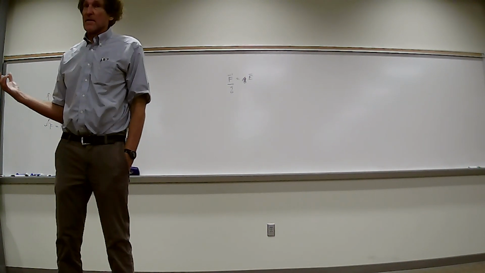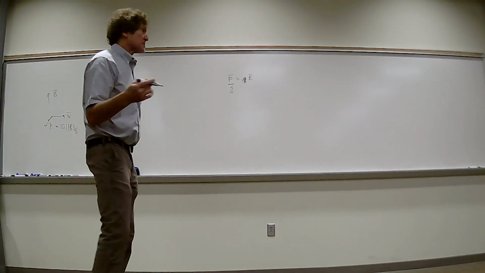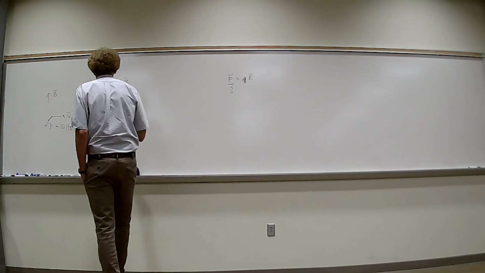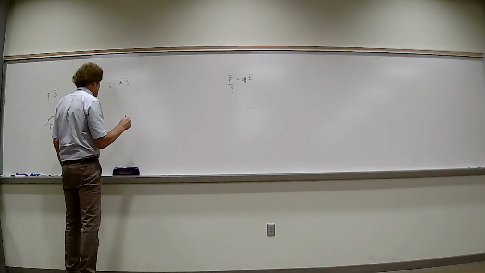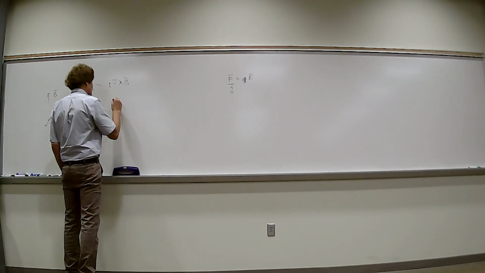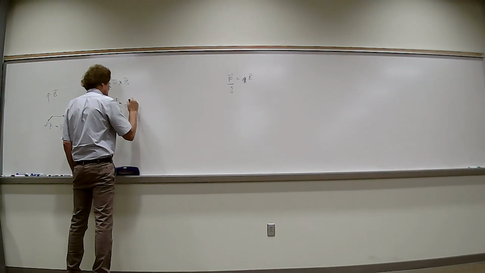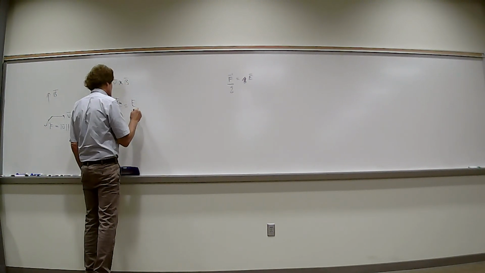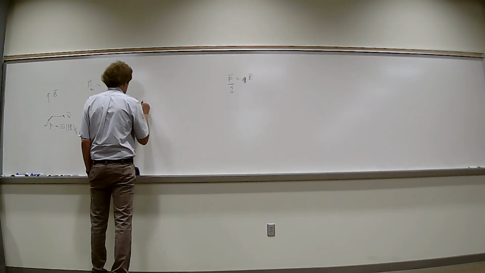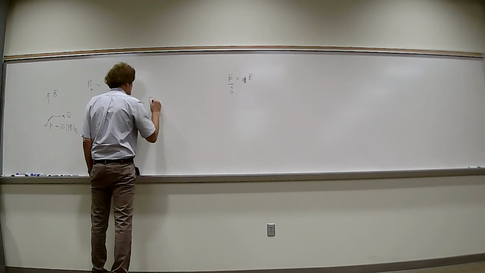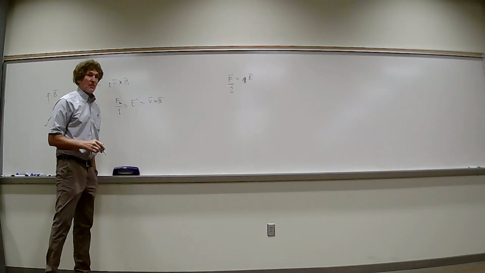But if the force is caused by the velocity of a charged particle in a magnetic field, then when we take the magnetic force and divide it by Q, we get the electric field component induced by the motion of the charged particle. And that's simply equal to V cross B. Everybody follow me on that?